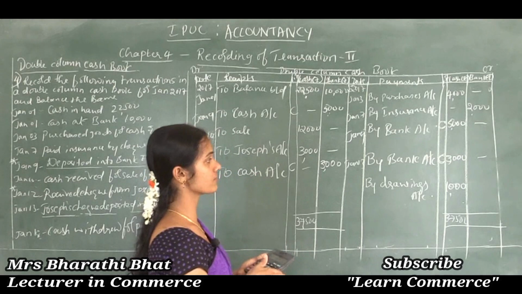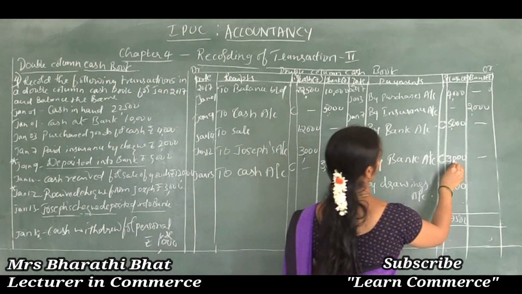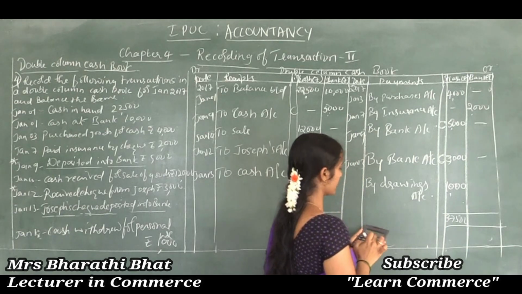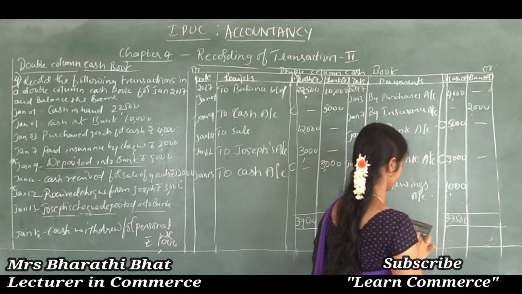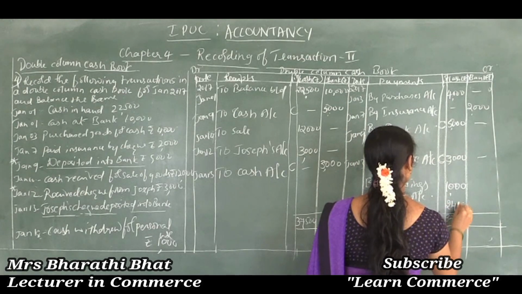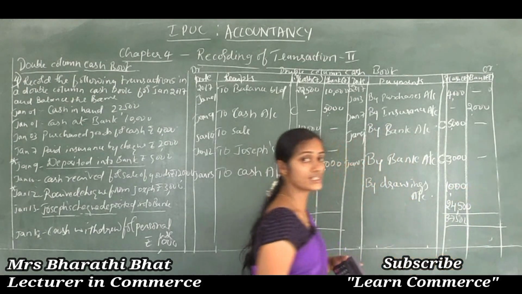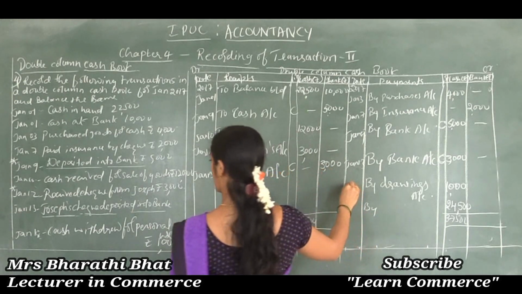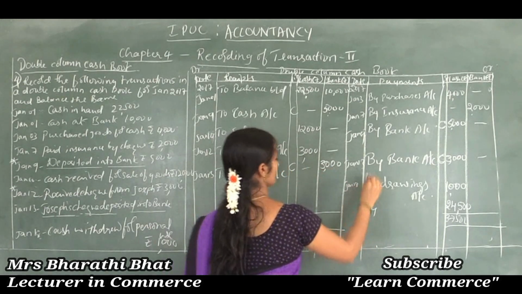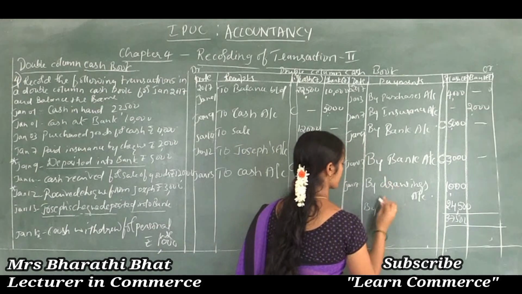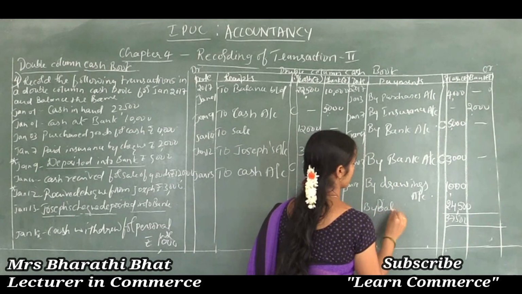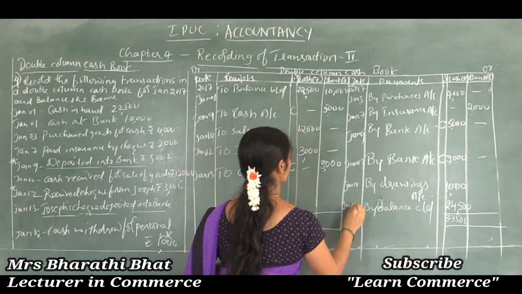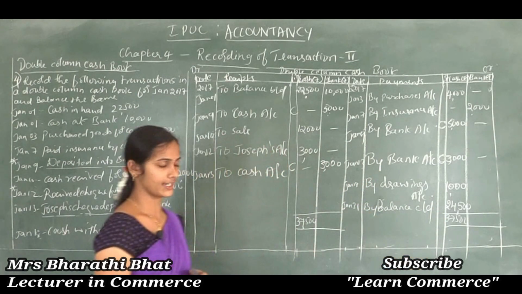So 37,500: 3,000, 4,000, 9,000, minus 4,000 gives 24,500. What is this? Yes, by balance, drawings Jan 18, by balance carried down Jan 31st, by balance carried down.